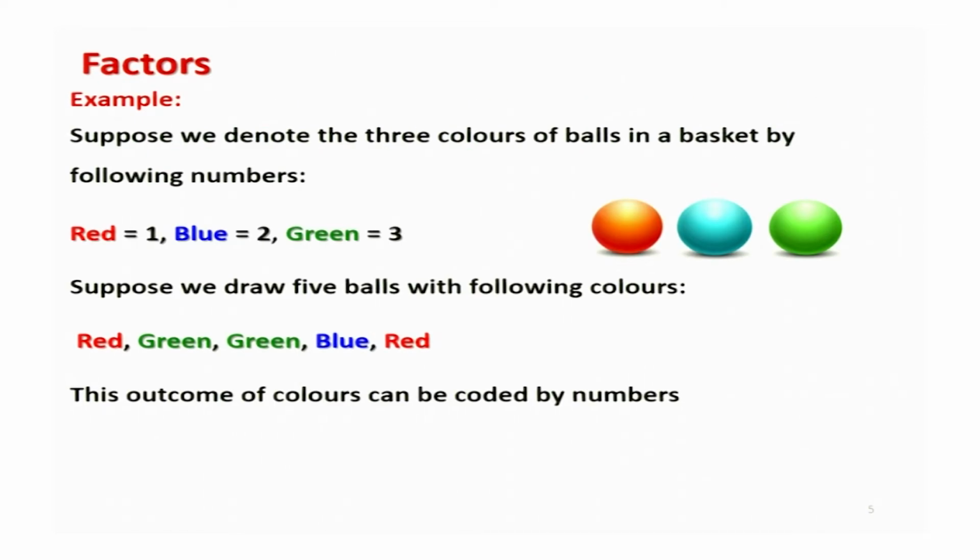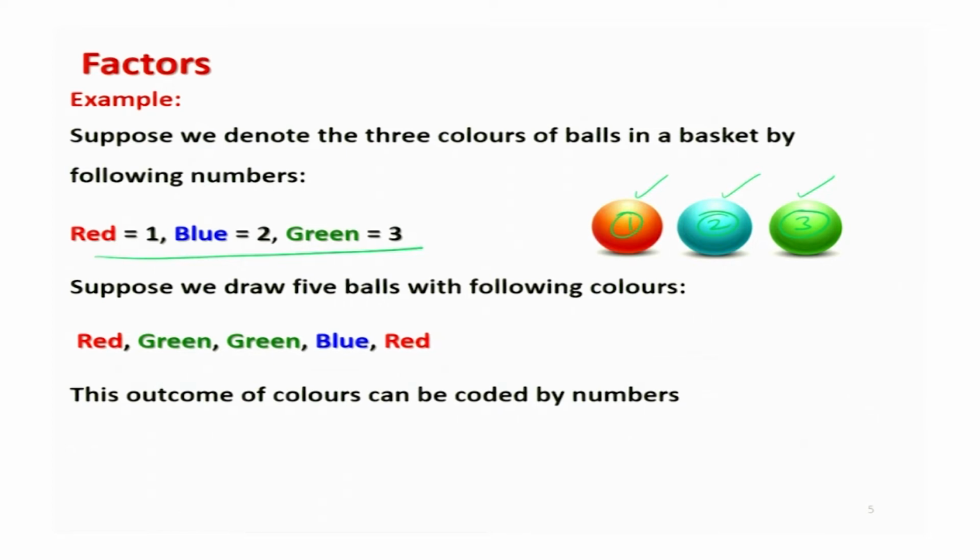So let me give you one more example and try to explain what this factor is. Suppose we have balls of 3 colors, say red, blue and green. Now we give them a number. For the color red, we give the number 1, for blue we give the number 2, and for green we give the number 3. And suppose now we have 5 balls.